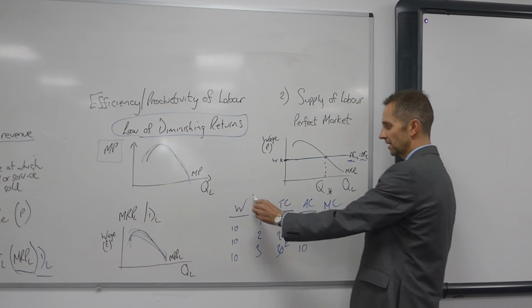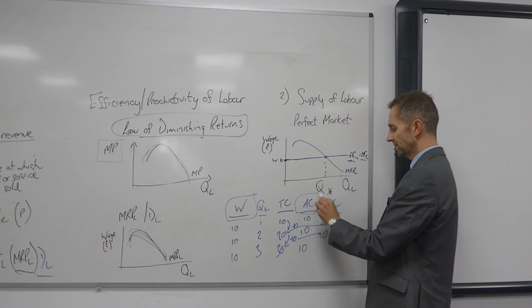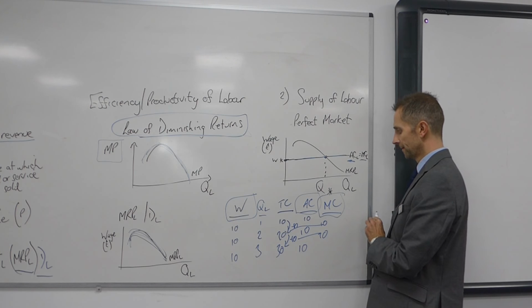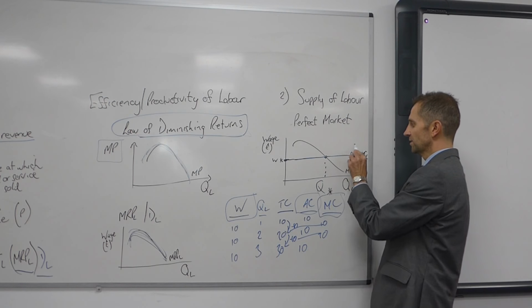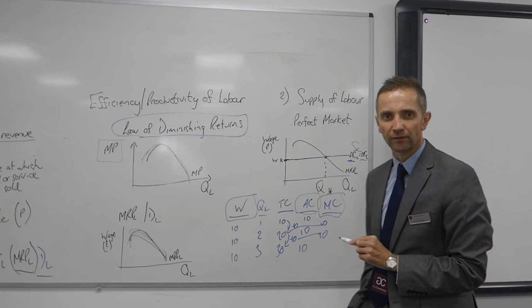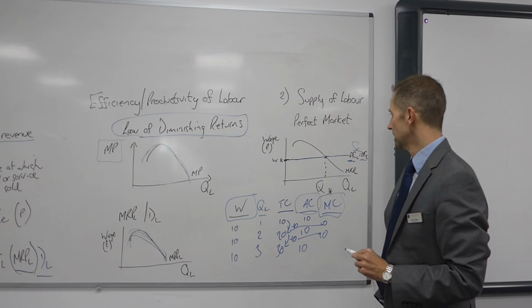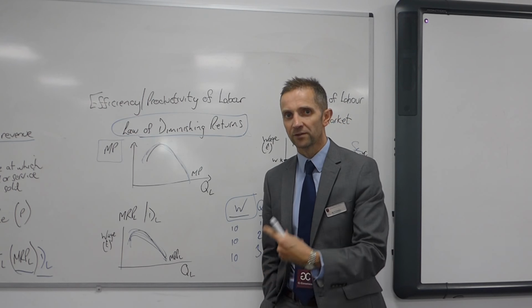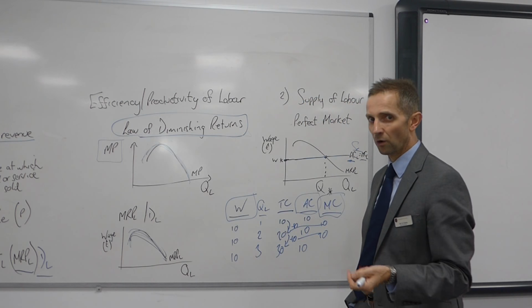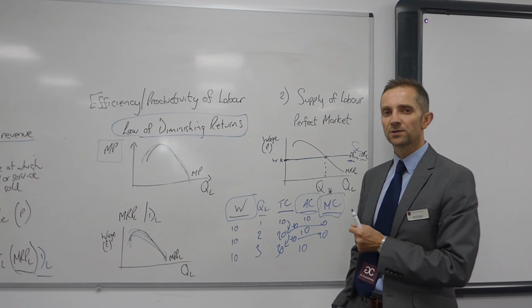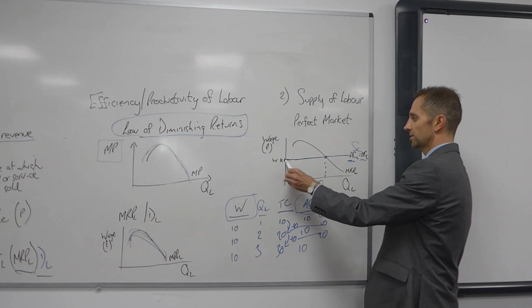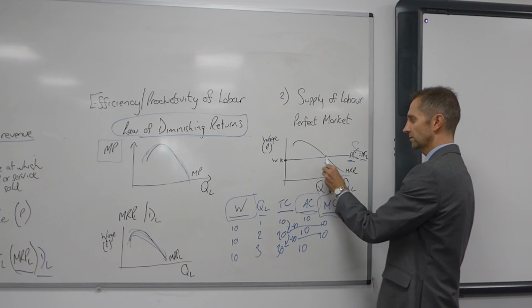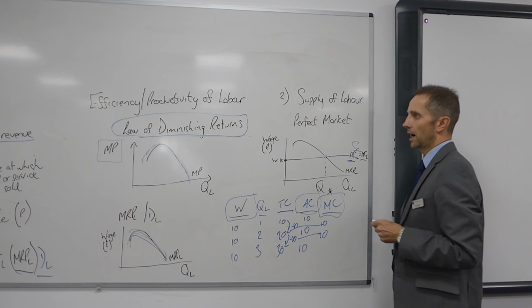So here we can see that W is equal to AC is equal to MC. And of course that in effect is also our supply curve of labour. So that's how we derive the demand curve and the supply curve. Now obviously, as is the norm, we put those together to get equilibrium. So there's W star Q star, that's our equilibrium.